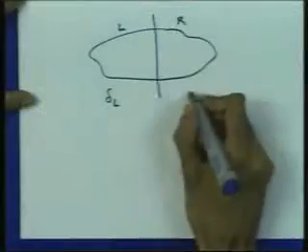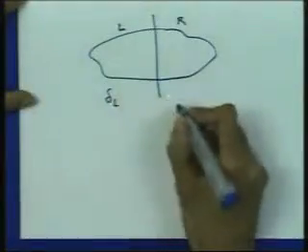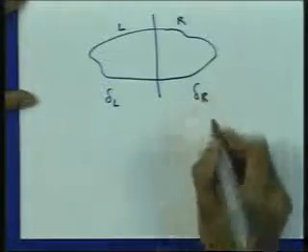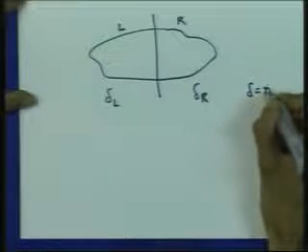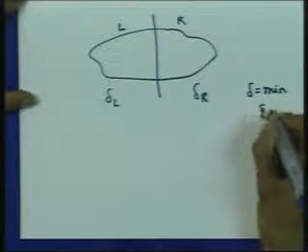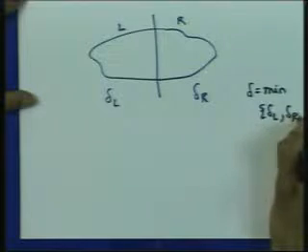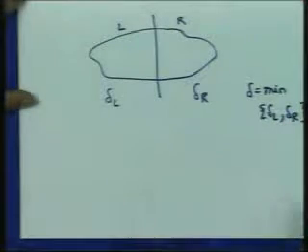Let's say that delta L is the minimum distance on the left, delta R is the minimum distance on the right. Let delta be the minimum of delta L and delta R, which is the smaller of these two.